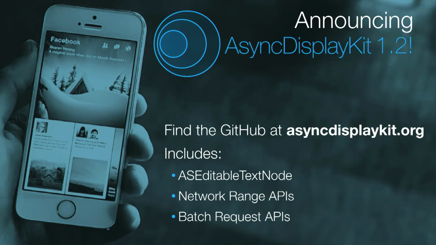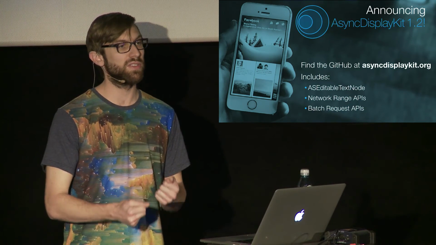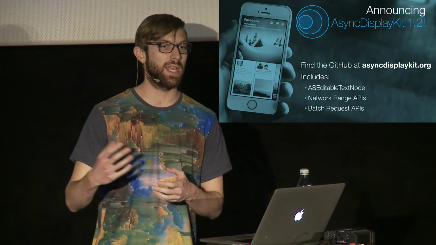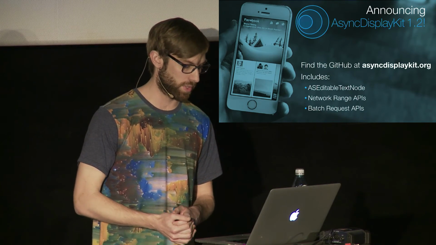And I'd also like to announce today that we're launching AsyncDisplayKit 1.2, which has a bunch of cool updates. We have ASDisplayNode, which is basically an animation-friendly version of text field that, even as a user is typing, we can dynamically animate the text size in a way that doesn't interrupt their typing speed.